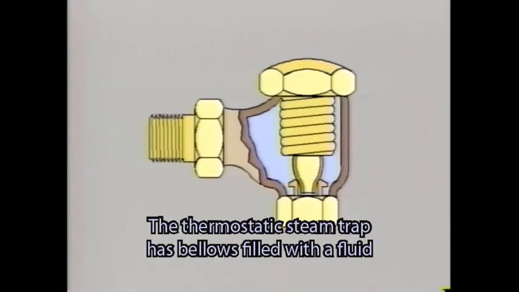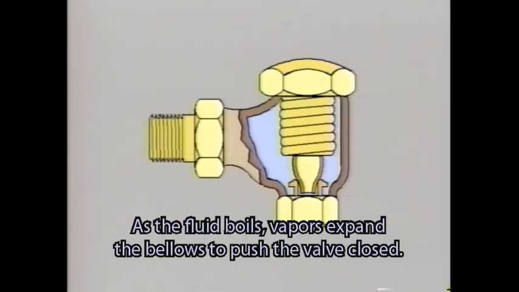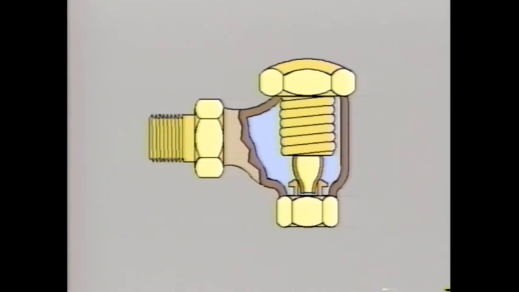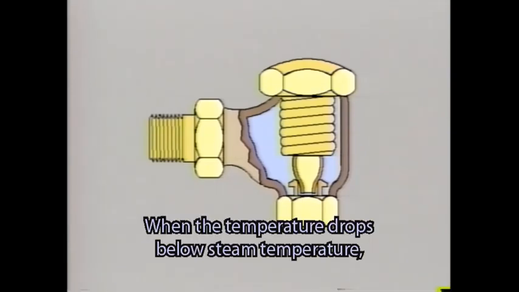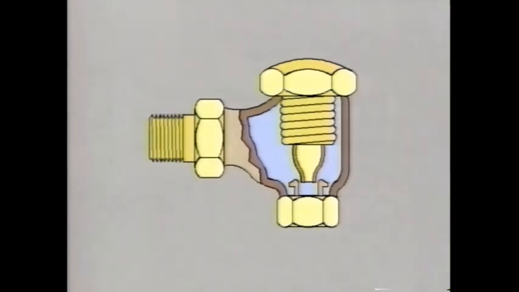The thermostatic steam trap has bellows filled with a fluid that boils at steam temperature. As the fluid boils, vapors expand the bellows to push the valve closed. When the temperature drops below steam temperature, the bellows contract to open the valve and discharge condensate.